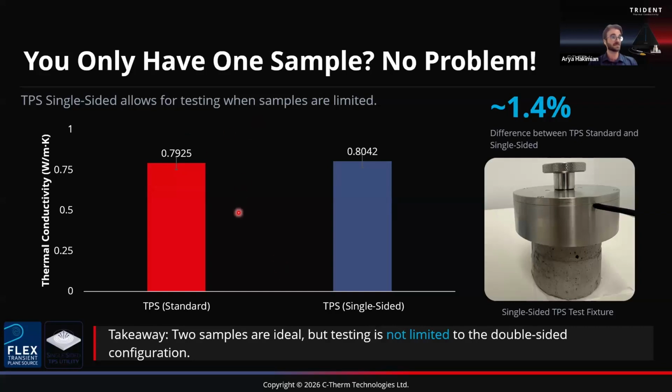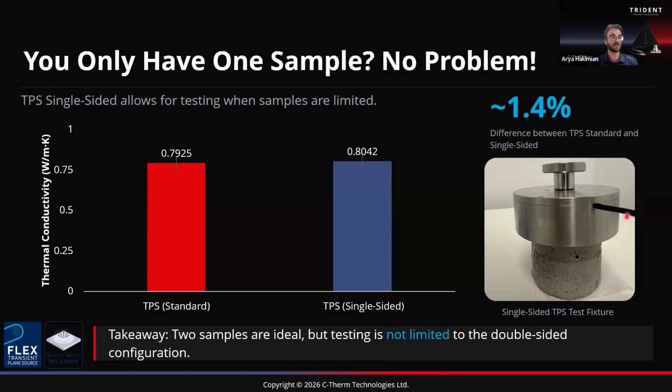I actually did a test on a Quikrete sample that we just made up in the lab. I tested it with a double-sided configuration as well as single-sided. And basically what you can see here is, again, a very negligible difference. In this case, either way would be a viable option.